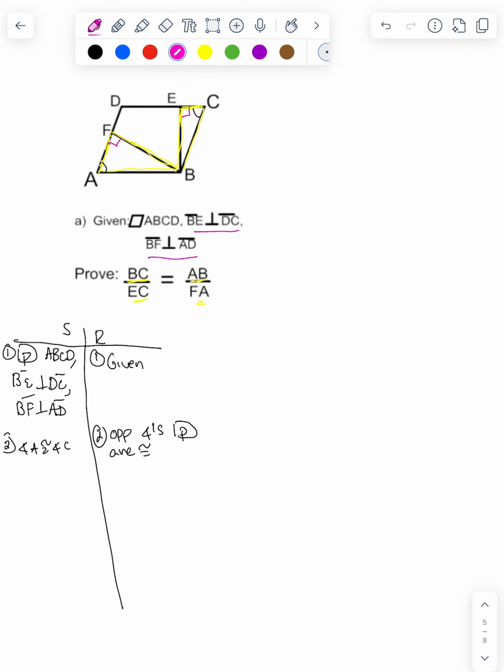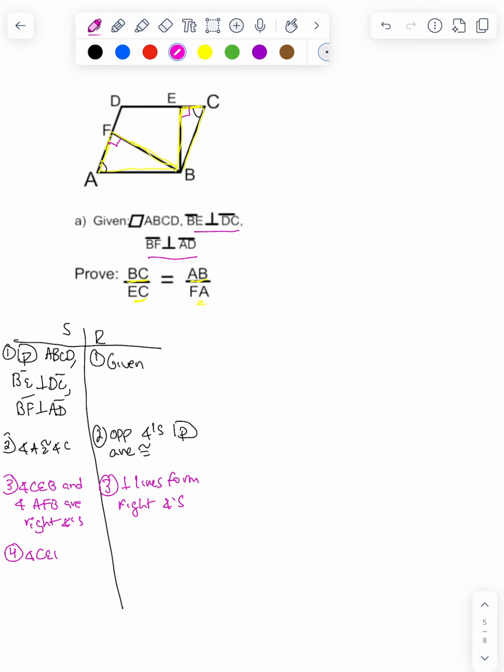And then we had the right angles that we were using. So we have angle CEB and angle AFB are right angles. And we knew that because of the perpendicular lines, because they form right angles. And since we're using them for AA, we need congruent angle pairs.